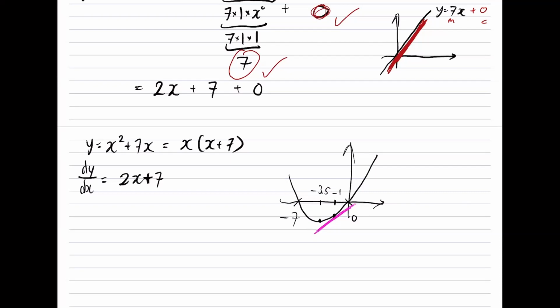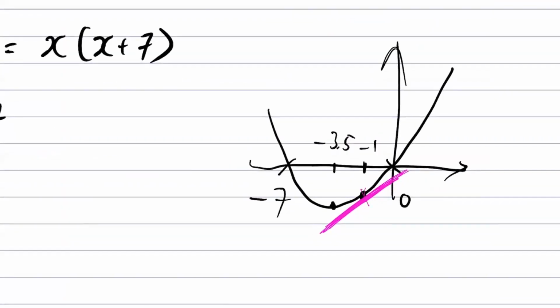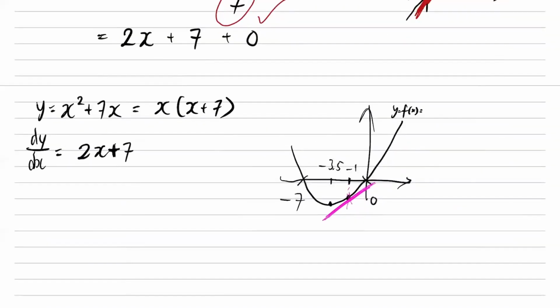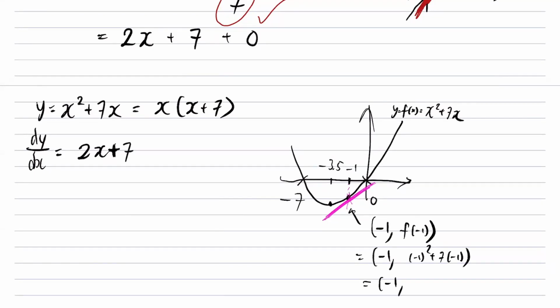Here's the procedure. Let's denote this as y equals f of x equals x squared plus 7x. And this particular point here must be negative 1 comma f of negative 1. Are you comfortable with this notation, f of negative 1? You can work it out: negative 1 squared plus 7 times negative 1, which is 1 minus 7, negative 6.